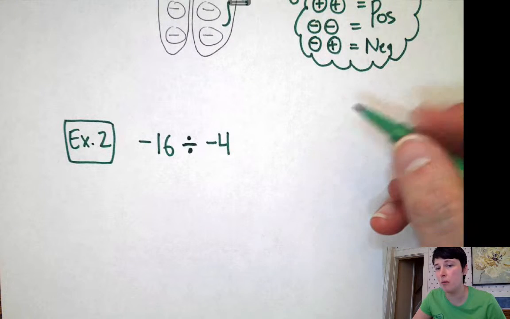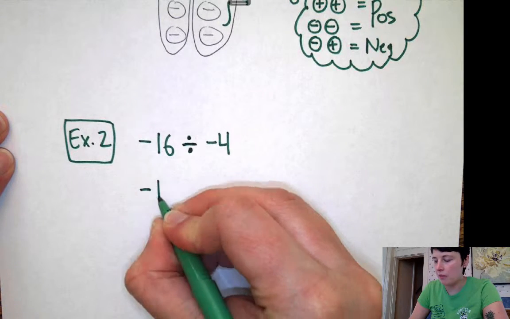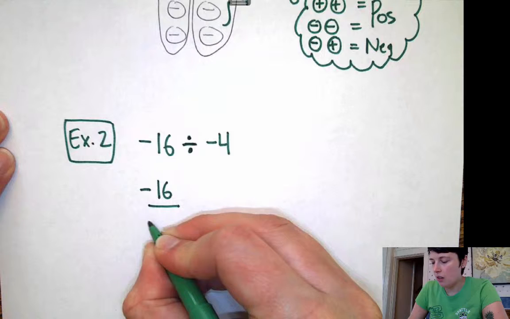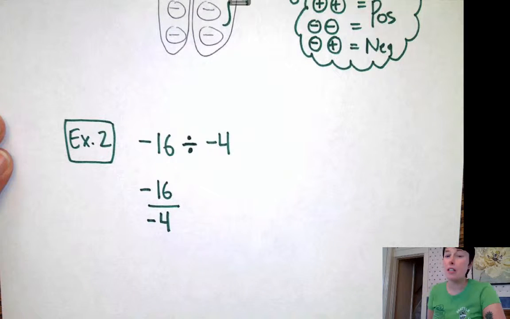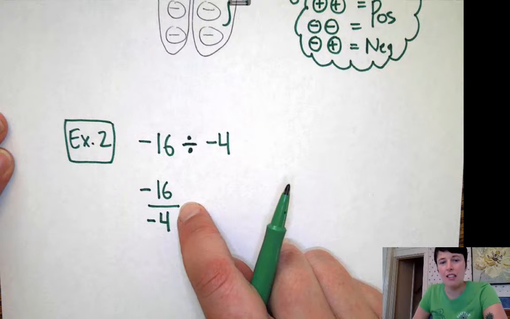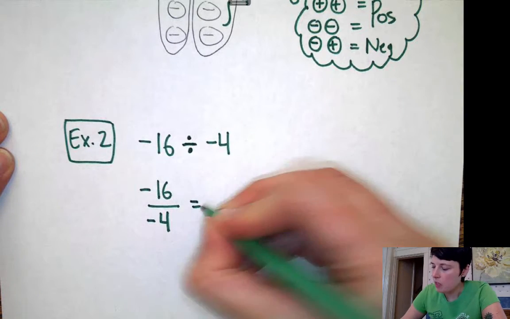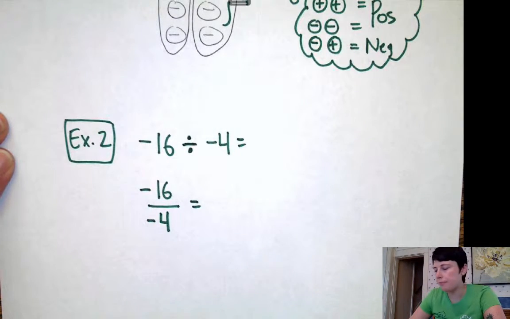It pretty much goes away, except on our calculator as a button. Most of the time when we talk about division, we think of it as a fraction. -16 over -4. Fractions technically mean to divide. So I'm going to be writing problems more likely like this. -16 over -4.